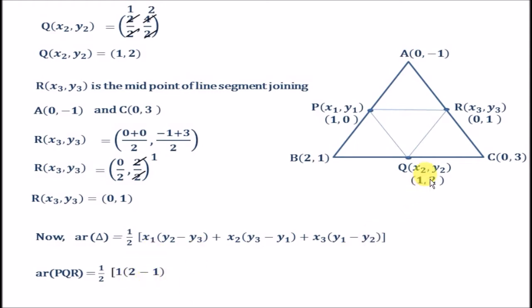The value of x1 is 1. y2 minus y3 will be 2 minus 1, plus x2 into y3 minus y1. x2 is 1, and y3 minus y1 is 1 minus 0. Now finally plus x3 into y1 minus y2. x3's value is 0, and y1 minus y2 will be 0 minus 2.